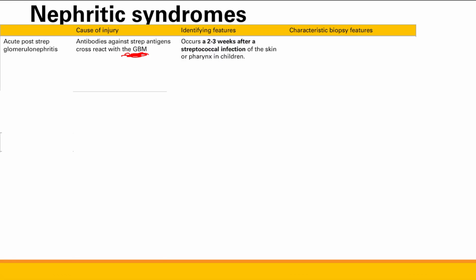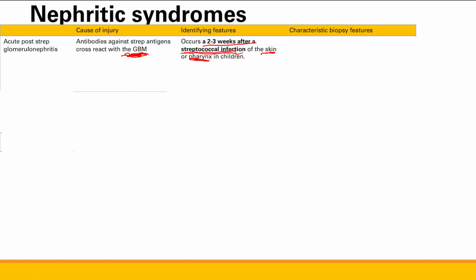So the identifying feature here is that these occur 2 to 3 weeks after streptococcal infection. And remember that these antibodies take time to develop. So about 2 to 3 weeks later, finally your antibody develops. And then 2 to 3 weeks after the initial infection, it could be either a strep skin infection or a strep throat, a strep infection of the pharynx in children, you're going to see the development of this kidney injury.